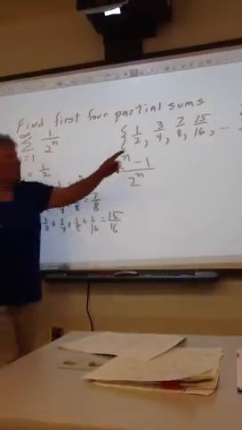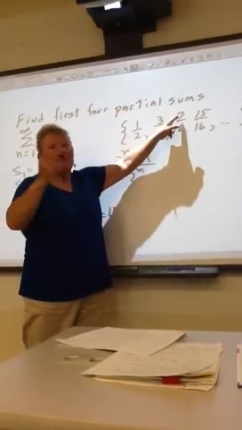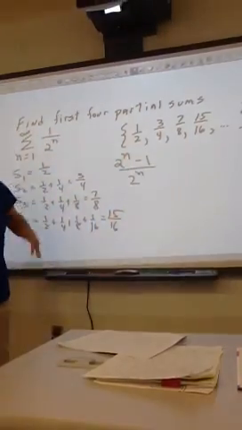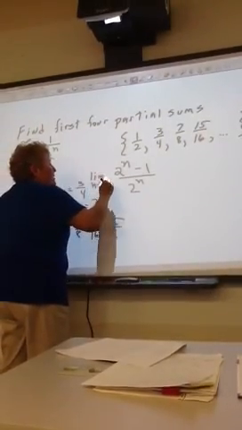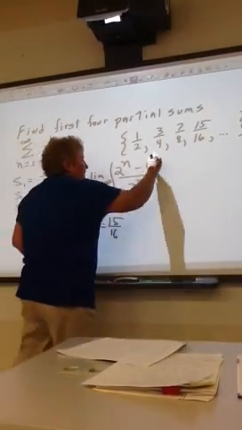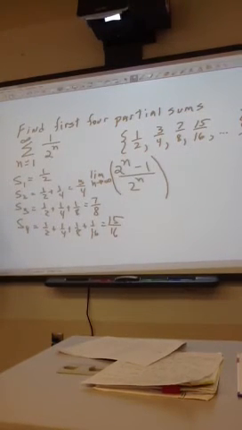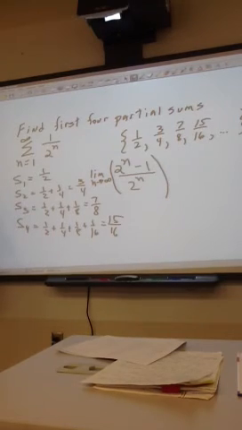Because the top is 1 less than the bottom in each of these cases. So now what I do is I say, okay, what's the limit as n approaches infinity of this thing? And I remind you again of old Calc 1: let's divide by the highest power in the bottom.